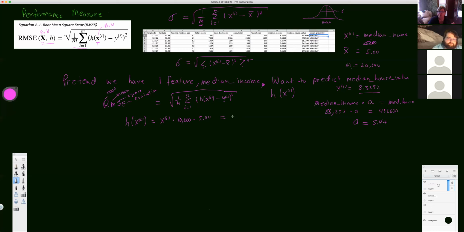And the other thing in the book that they use to denote a prediction is y hat i. This means prediction of the label, and our label in this case is the median house value.